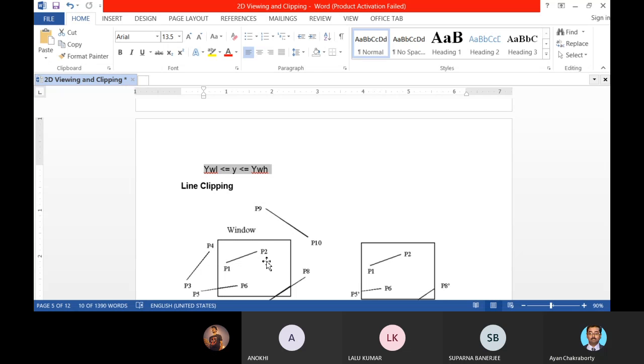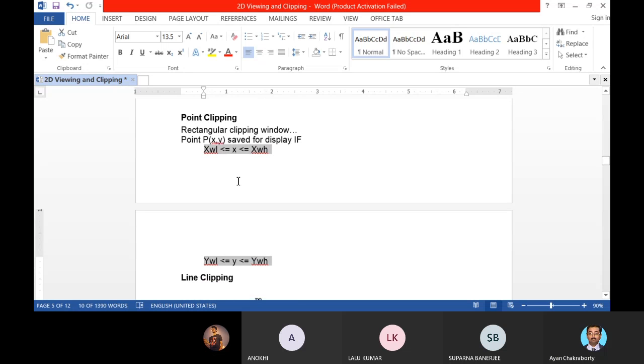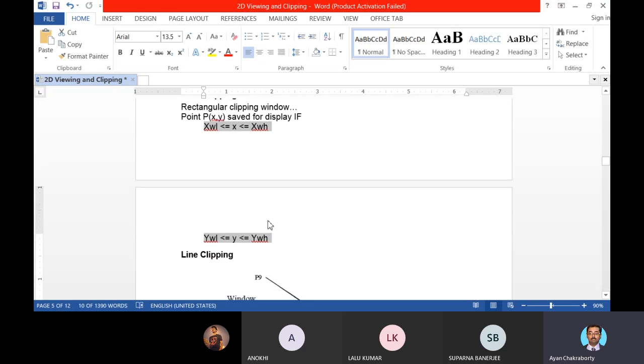On the other hand, according to this example, when we check point P9 and P10, we will see that the x coordinate is not within the range of XWL, XWH, and the y coordinate is also not within the range of YWL and YWH.